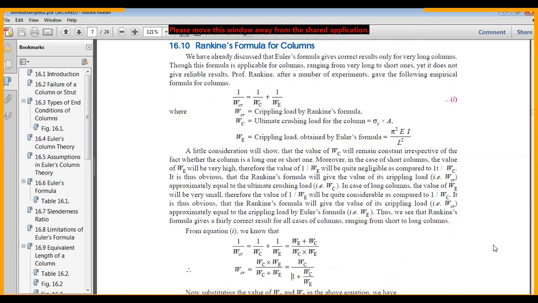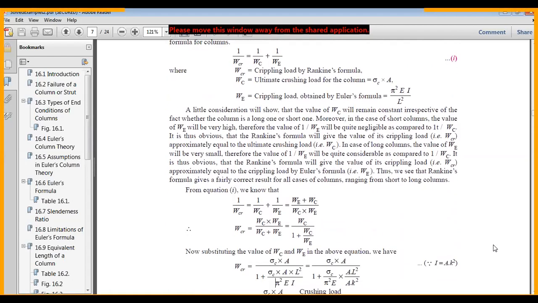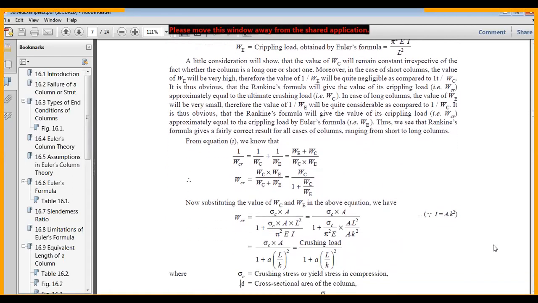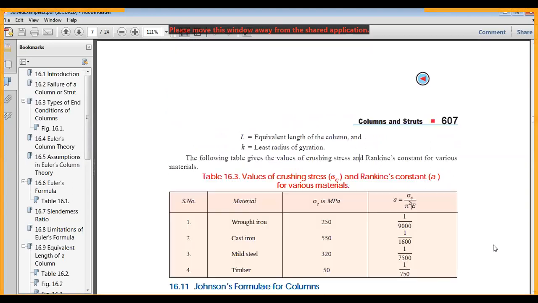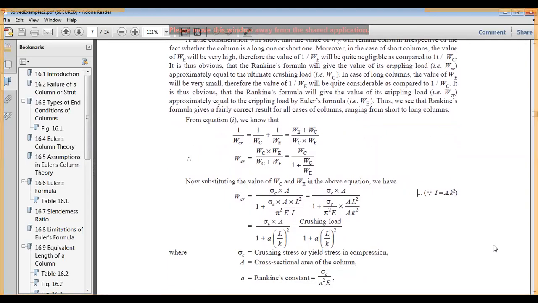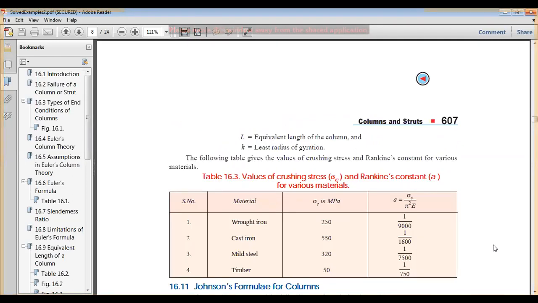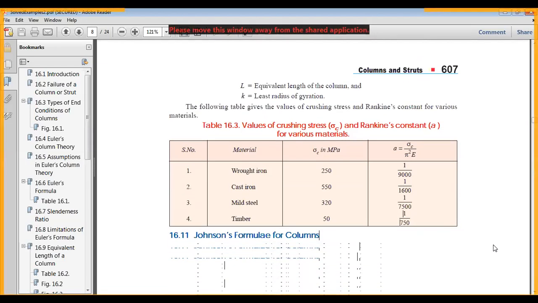We are not going to discuss this anymore. Just for the sake of basic knowledge, you can also solve the problem by application of Rankine's formula, Euler's formula, and ultimate crushing load. So these are the three given.